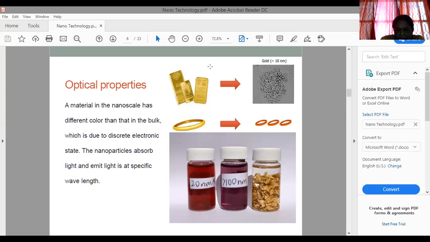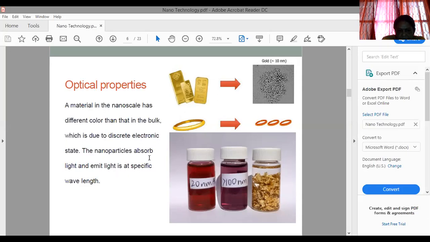This is the bulk size, golden color, and when it is converted into the nano size, you can see the same gold solution showing a different color. When the size of the gold nanoparticle is 20 nanometer, it shows red color, and when it is greater than 100 nanometer, it shows purple color.